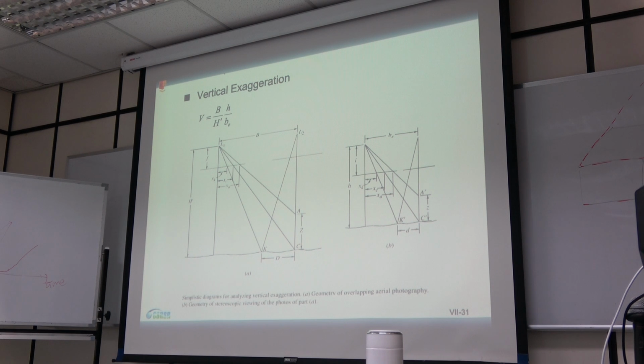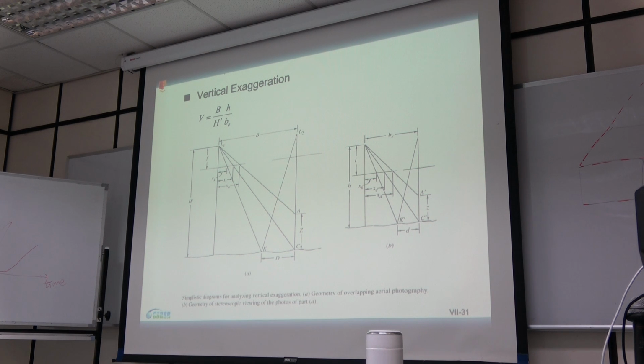I forgot the Chinese term for that. Exaggeration means like 夸张 or 夸大, and vertical means the elevation you are seeing is not the real elevation.